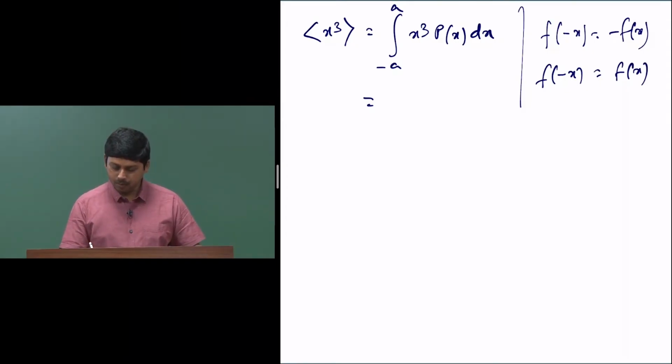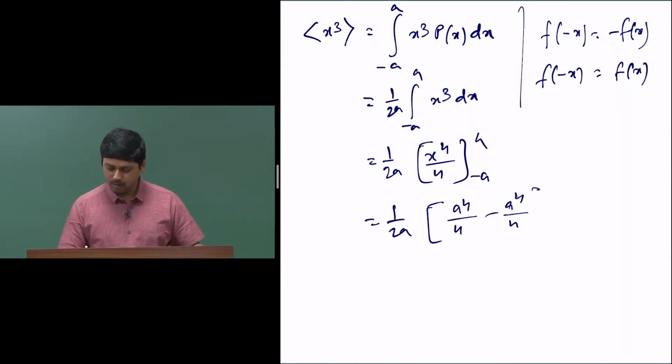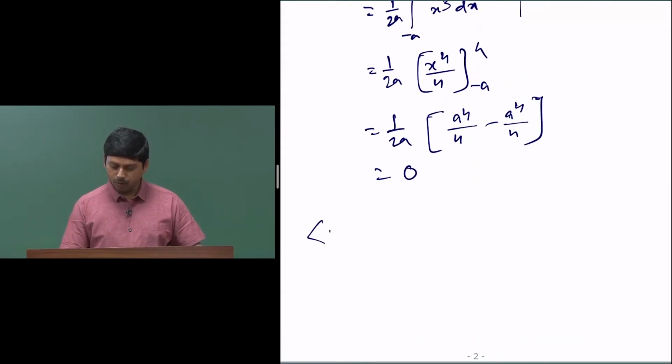So, we are going to do that again for x cube. It will be 1 by 2 a, integral from minus a to a of x cube dx, which will give us 1 by 2 a times x to the power 4 by 4 going from minus a to plus a, a to the power 4 by 4 minus a to the power 4 by 4, which is going to give us 0. If we do x to the power 4, that will not be the case.